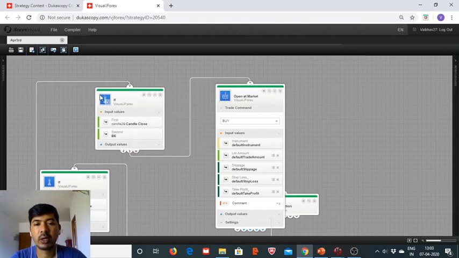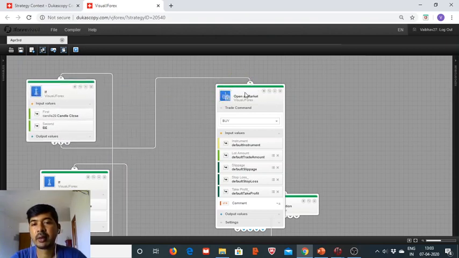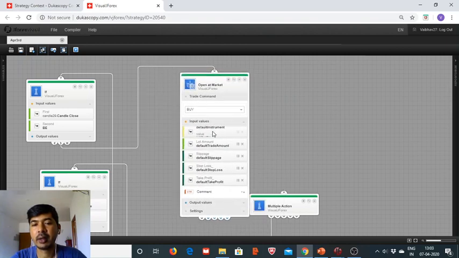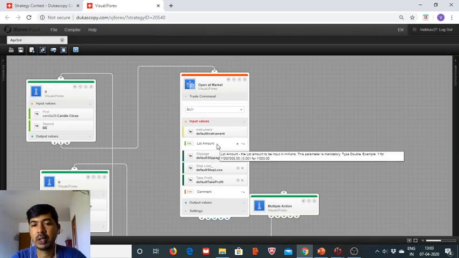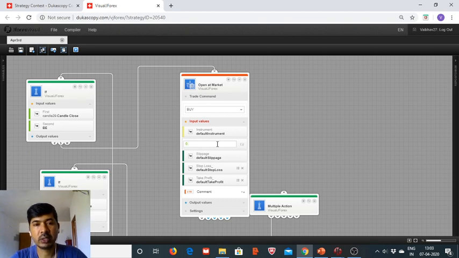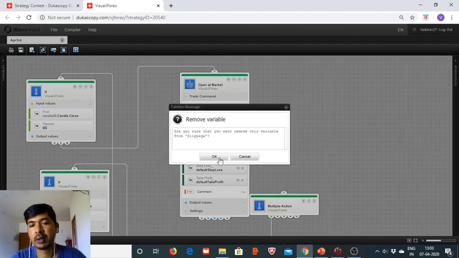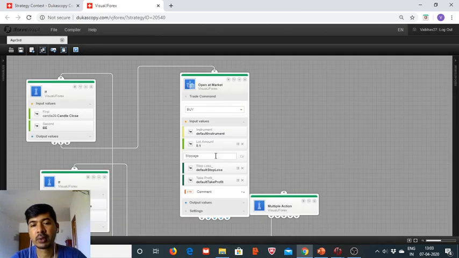It will be a buy trade, so we are good here. Use the JPY. Trade amount, we will keep it at 0.1 million. You can change it to any extent. Slippage will be 2 pips.